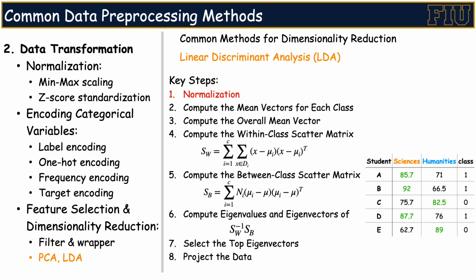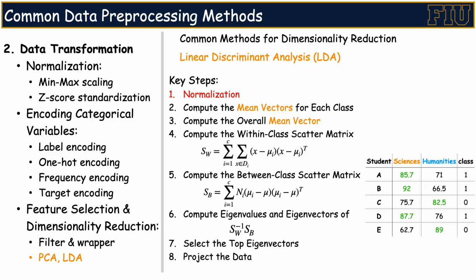Similarly, the first step is to normalize the dataset. Since there are various ways to normalize data, the final LDA results may differ depending on the normalization method used. Next, we move on to steps 2 and 3, where we'll calculate the mean vectors. So, let's first talk about what mean vectors are.